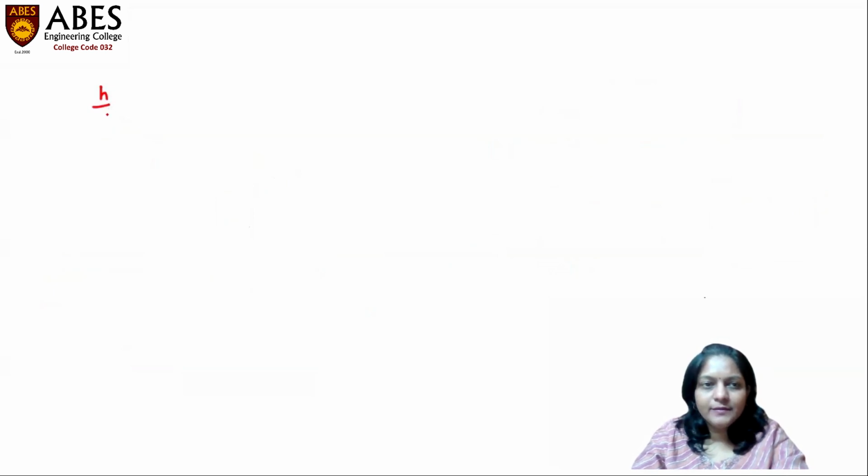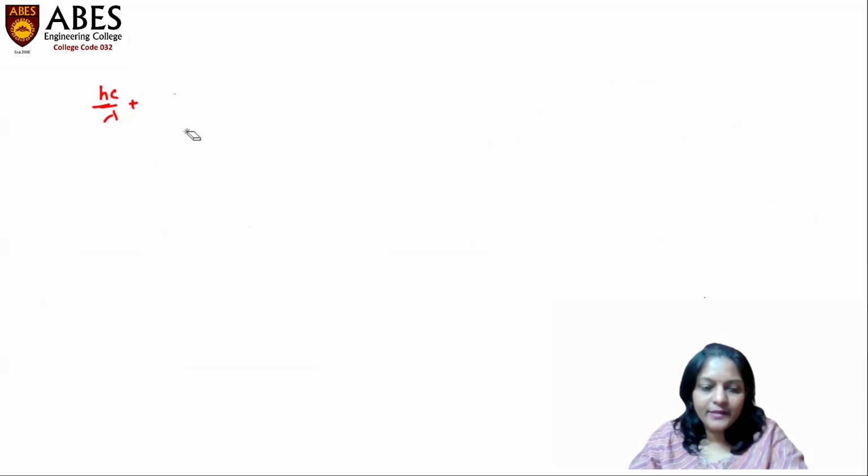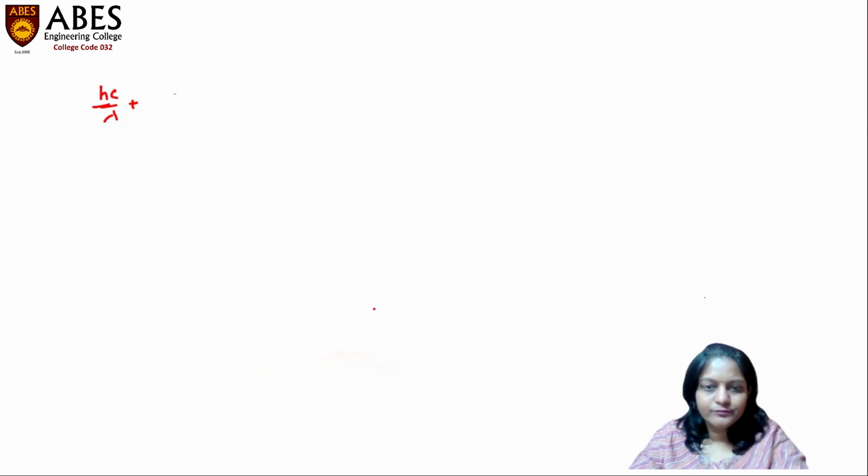I am writing equation number 1 again: hc by lambda plus m naught c square is equal to hc by lambda dash plus square root of p square c square plus m naught square c4.